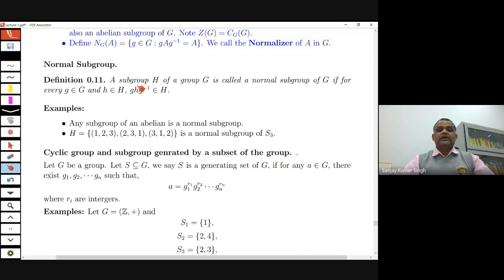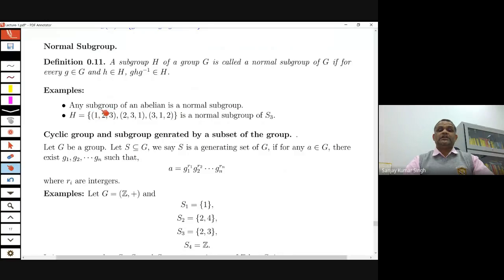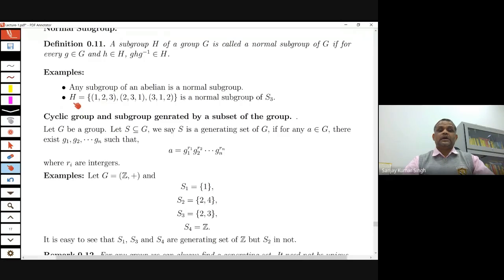I will say a subgroup H of a group G is called a normal subgroup if for every g in G and for every h in capital H, g h g inverse belongs in capital H. And you can see that any subgroup of an abelian group is always a normal subgroup. And also you can check that if I take a subgroup H, which is just the identity.